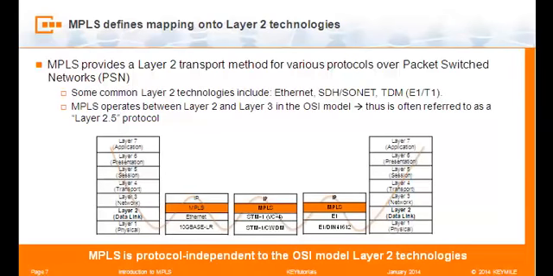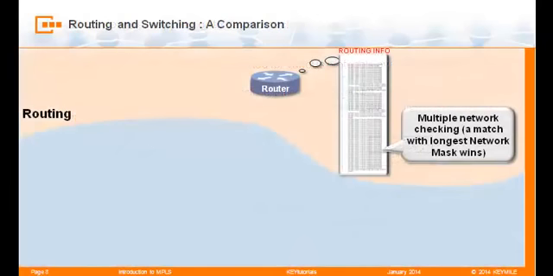Before we go any further, let's take a quick look at the difference between routing and switching. When an IP router receives a packet, it has to find out which network it must forward it to and out of which exit port. So it scans its routing table to see if there is a match with, first of all, the longest network mask.